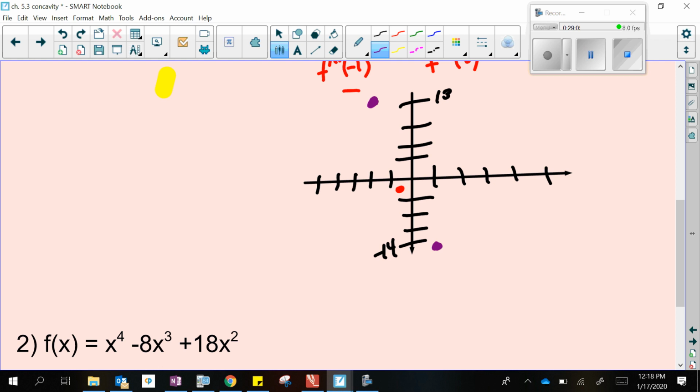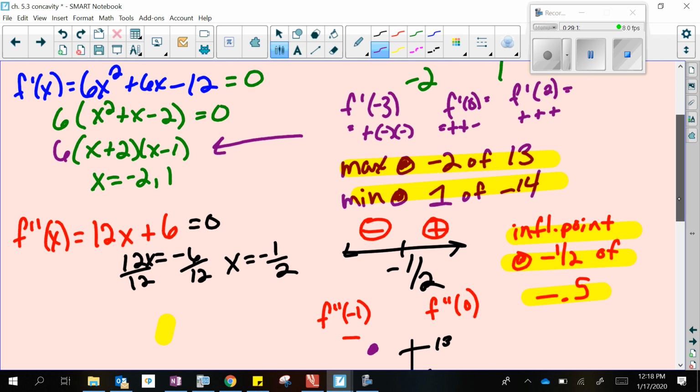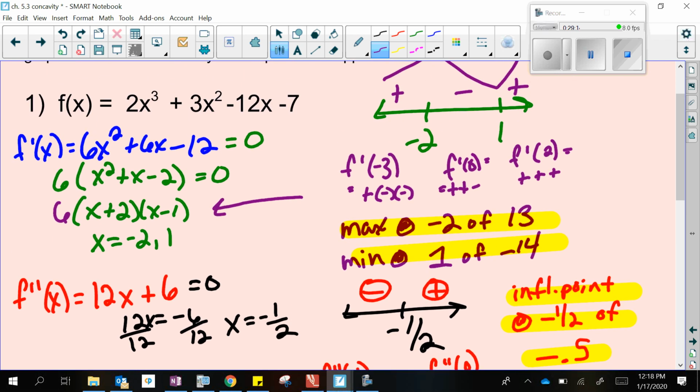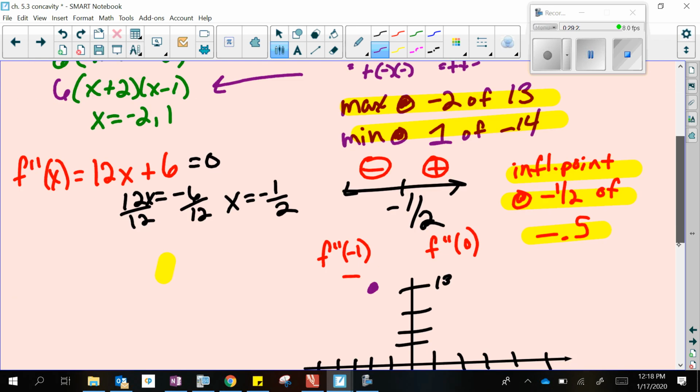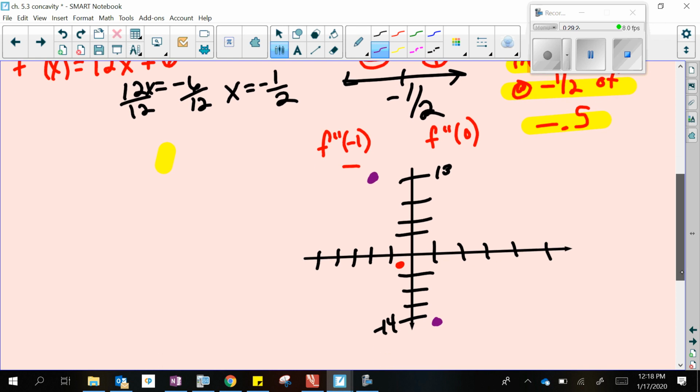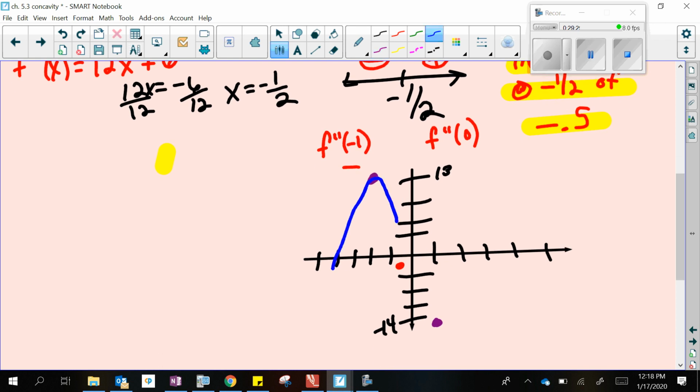To connect those points, I know I'm going to go up to negative 2, then down to 1, and then up. And I know my concavity should be changing right at that negative 1/2. So I can draw my function like that.